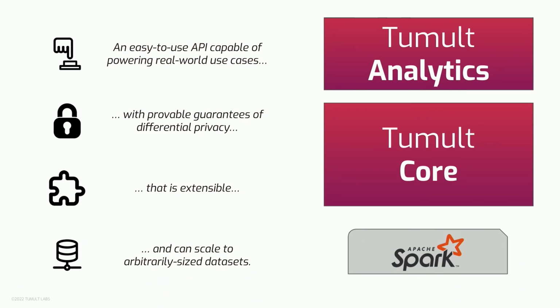We think that the Tumult platform is the only DP platform out there that provides this particular combination of usability, extensibility, and scalability. And we hope that a data scientist without DP expertise can confidently use the platform to compute differentially private statistics. That confidence comes from the explicit privacy guarantees of Core that are encapsulated in the end-to-end privacy guarantee explicit in the session interface, and the fact that the code will soon be available open source.